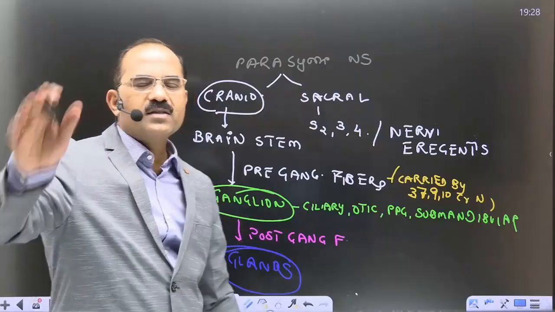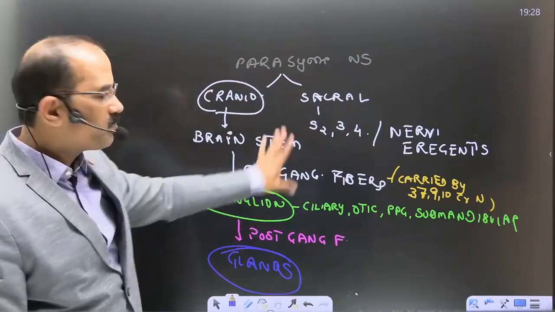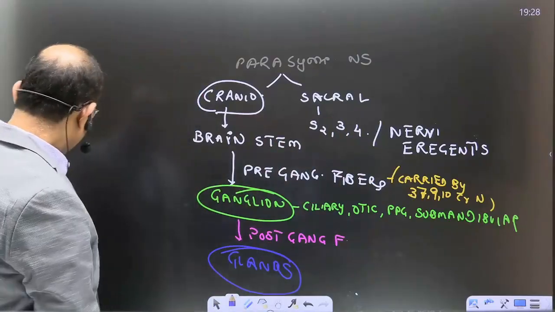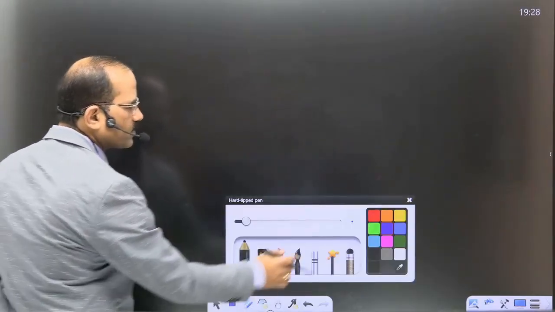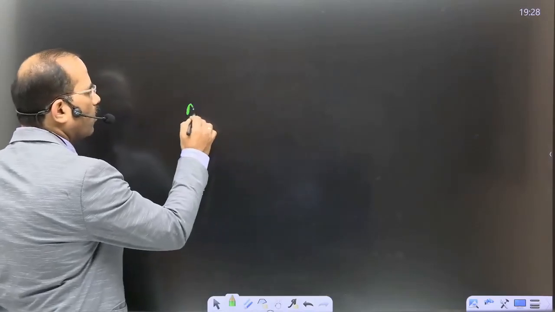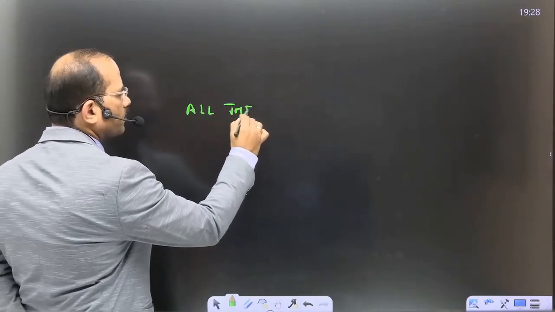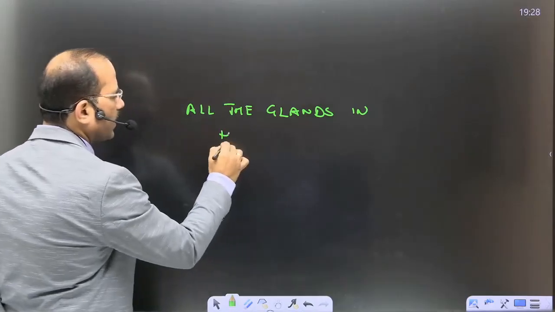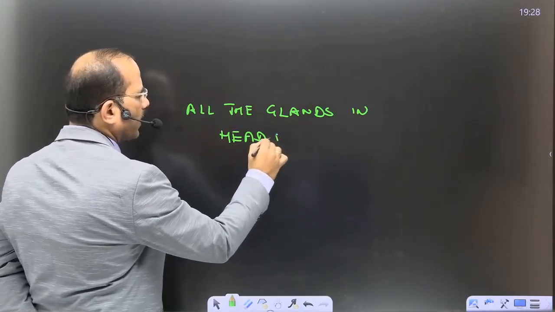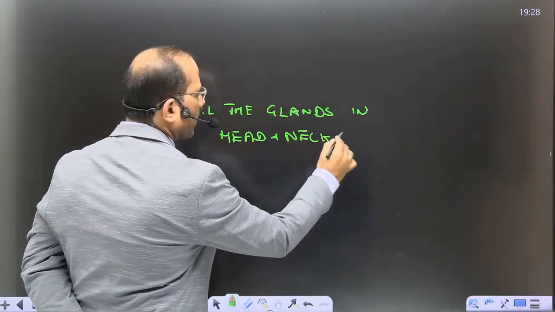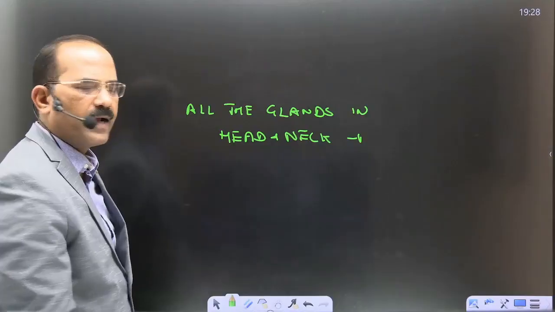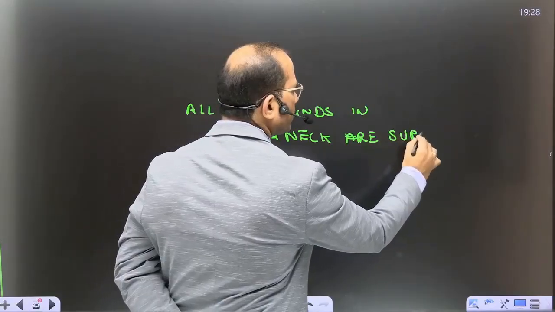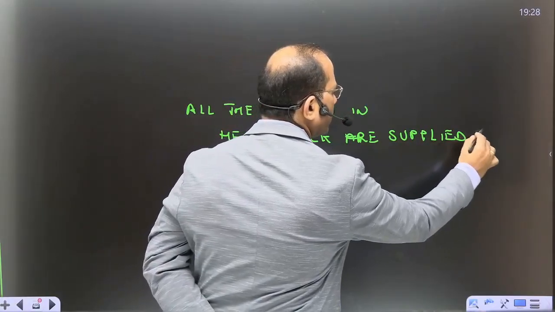Are you able to follow this? In other words, what is this cranial outflow of the parasympathetic nervous system going to supply? The glands. Okay, I'll just mention a statement for you. Just have a look at this. A very important statement. All the glands in the head and neck are supplied by, yes, which nerve?